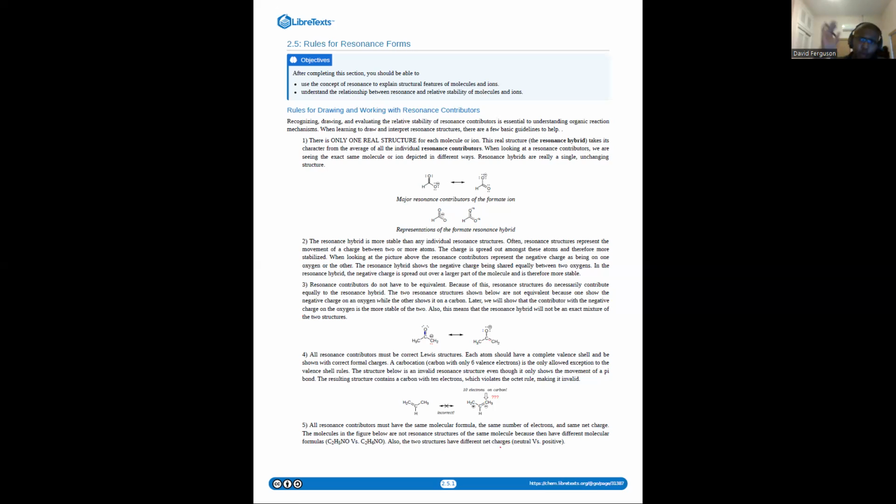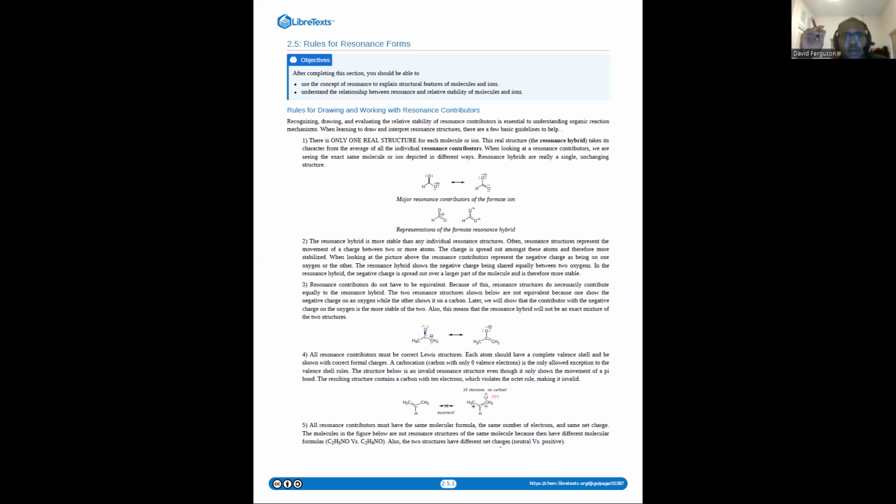So we've established our goal and our motivation. We want to understand the rules for resonance forms, and that's the topic, and it has objectives that tell us what we should aim for and strive for as we study this material. We want to keep these in mind, asking whether what I'm doing complements achieving these objectives.